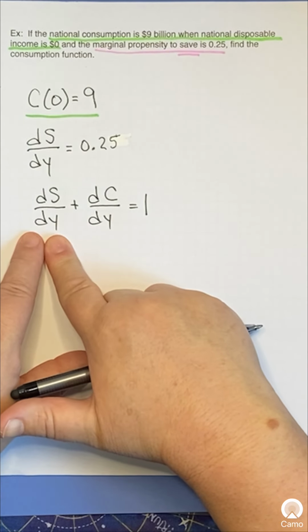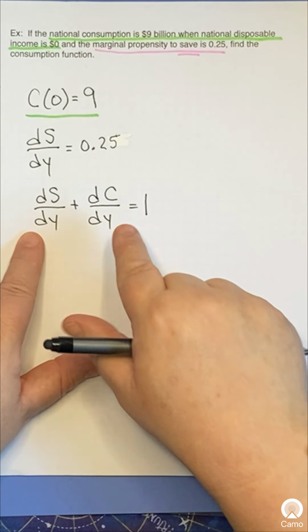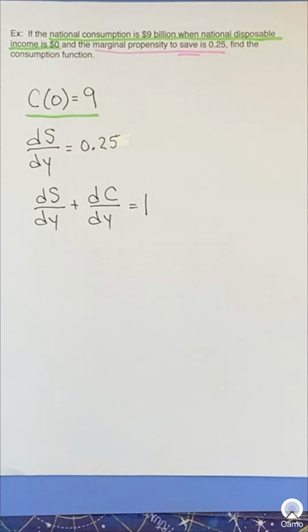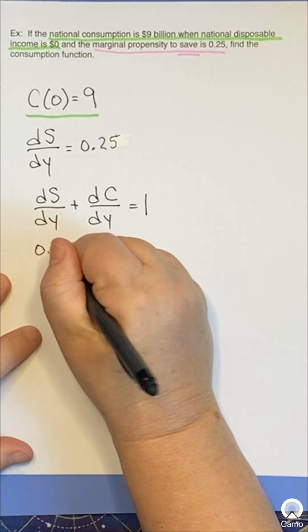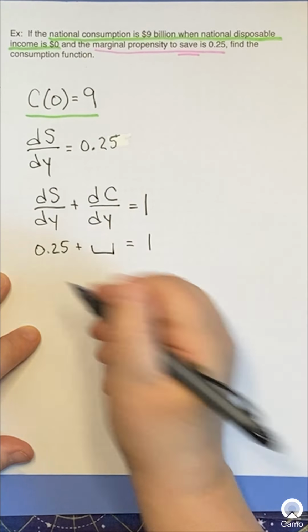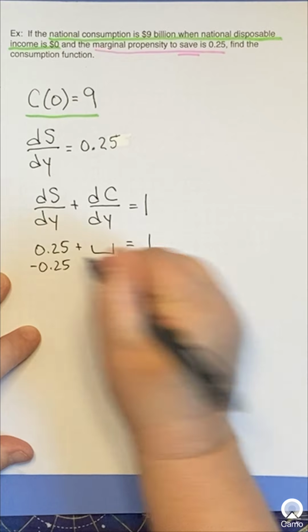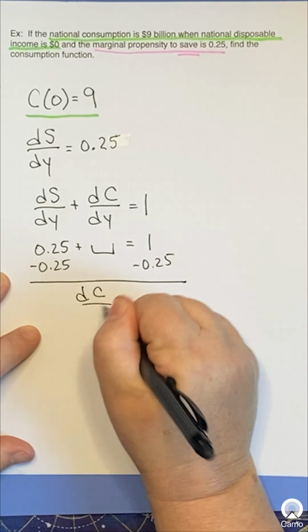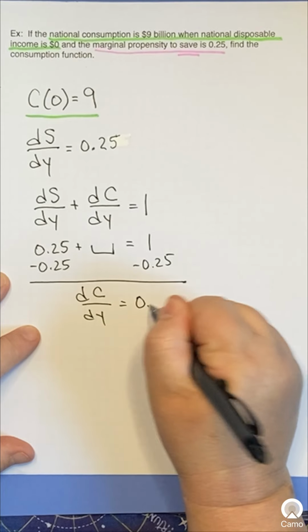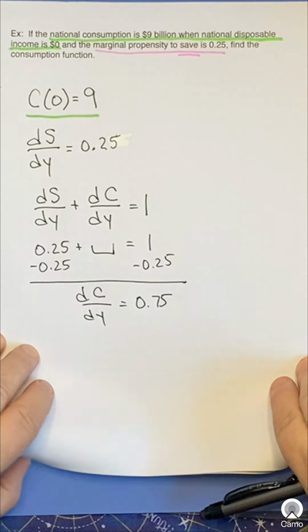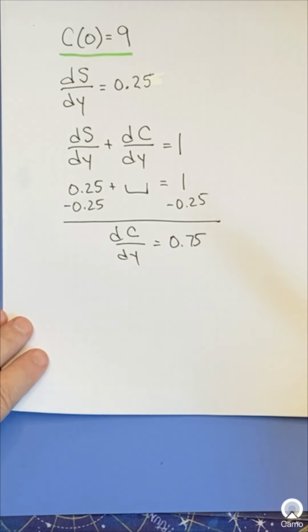If people are tending to save 25%, then they're consuming about what? 0.25 plus something is 1. So dc dy equals 0.75. Woohoo! Yay!